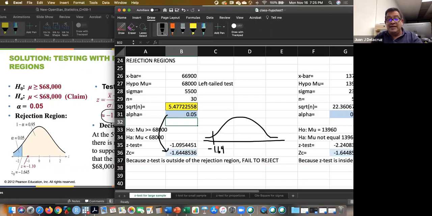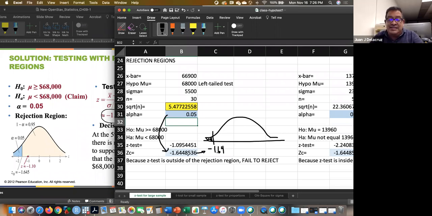That is my C-score. This number is minus 1.095. So it's almost 1.10. So is 1.10 to the left or to the right? So remember, this C critical is what separates the rejection region from the non-rejection region. And if this number falls within the rejection region, we are going to reject. If this number falls outside of the rejection region, we are going to fail to reject.